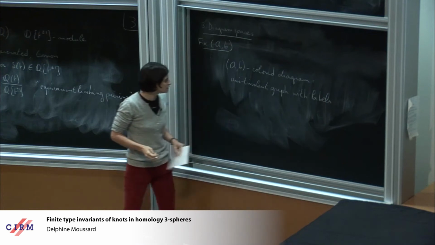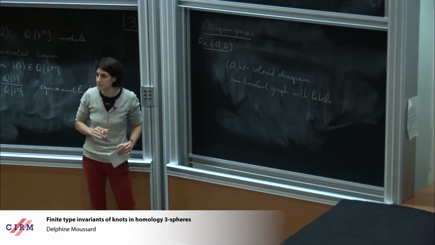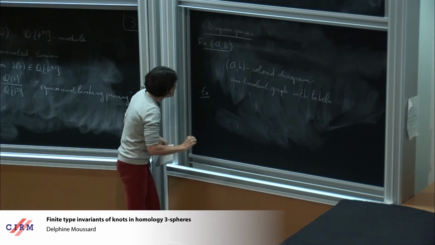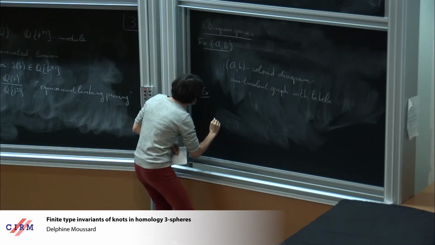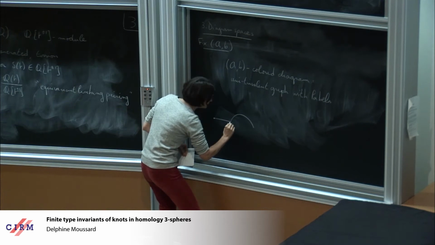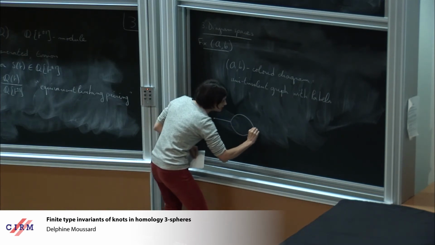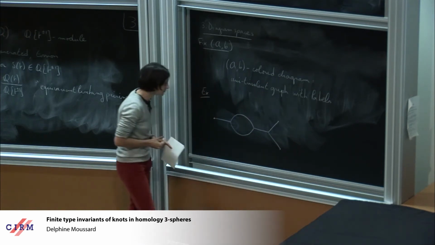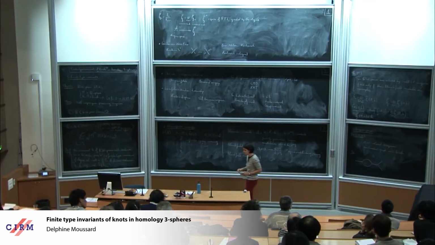There are quite a lot of labels, so I will give them on an example. So we draw a univalent graph, for instance, like this. And on this graph, I will put some labels.